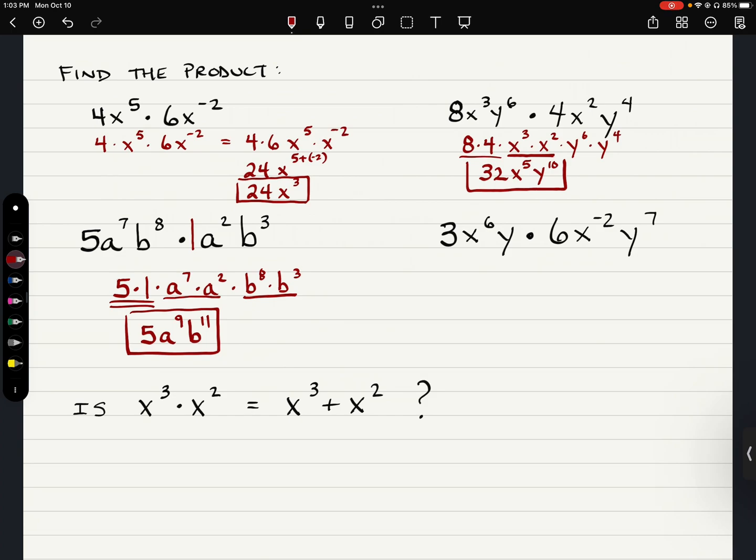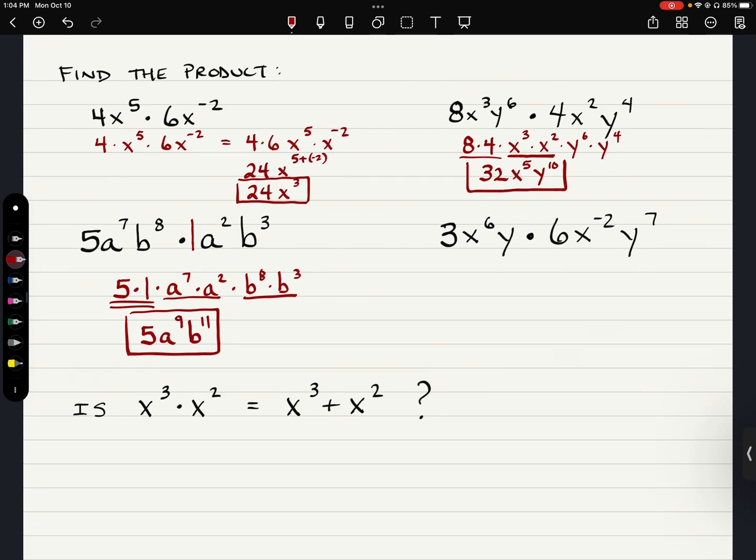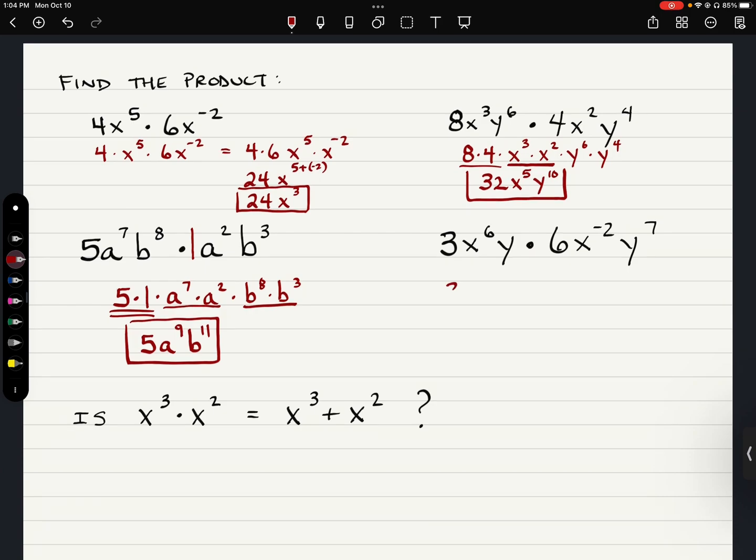And then we've got 3x to the sixth y times 6x to the negative second y to the seventh. Now remember, just because we have a negative exponent, we don't change what we're doing. Let's rearrange it here. We've got 3 times 6 times x to the sixth times x to the negative second times y to the seventh. So 3 times 6 gives us 18.